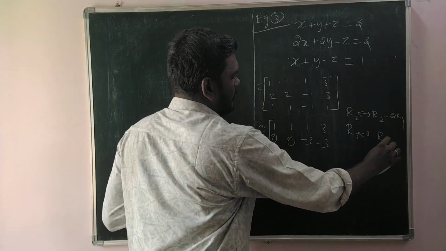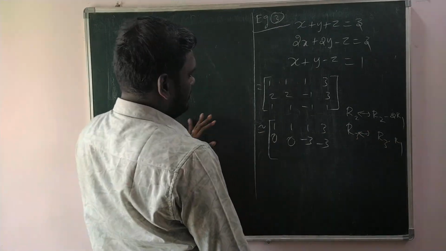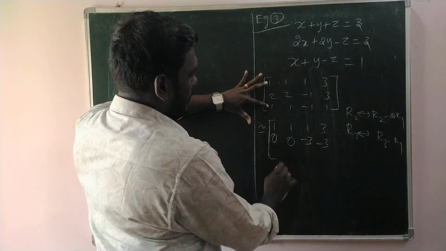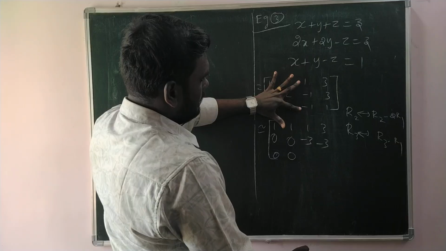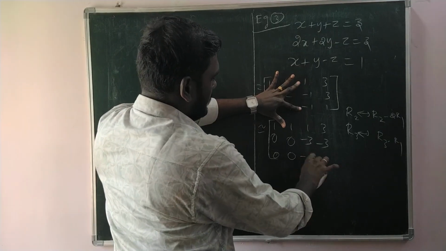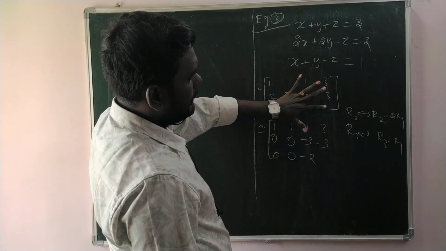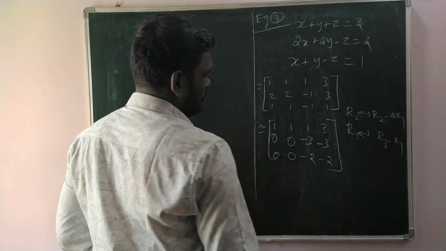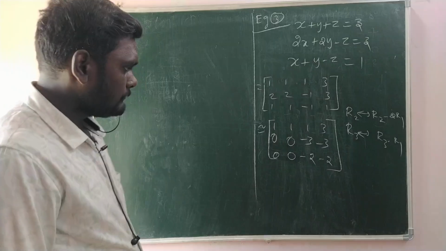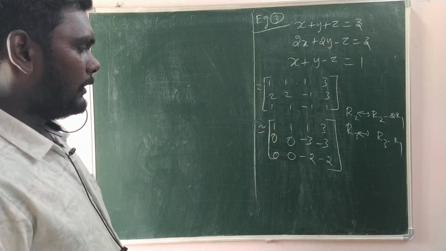It's easy. R3 minus R1 directly. So 1 minus 1 is 0, 1 minus 1 is 0, minus 1 minus 1 which is minus 2, and this is 1 minus 3, that is also minus 2. Okay, then we got the row echelon form, right?